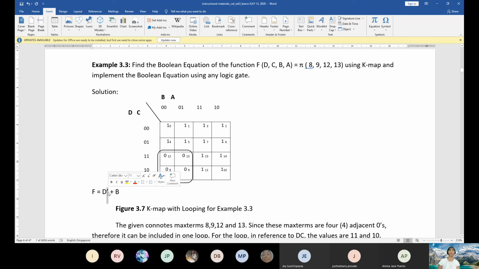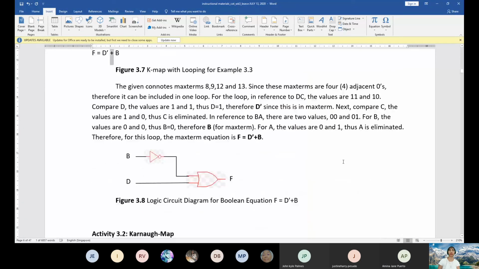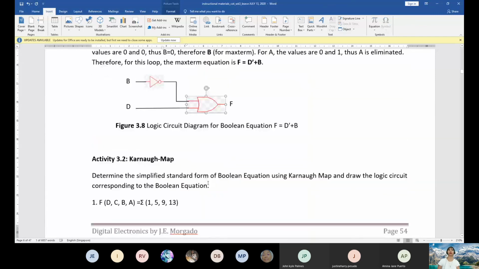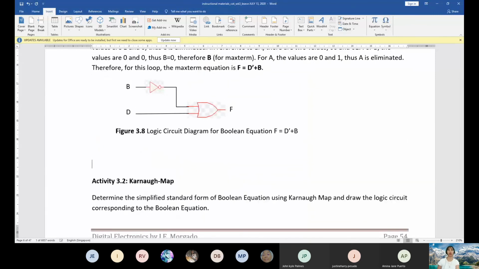Inverter. So we will simply use an inverter, and for plus, we will use an OR gate. So all we need is just an inverter and an OR gate.